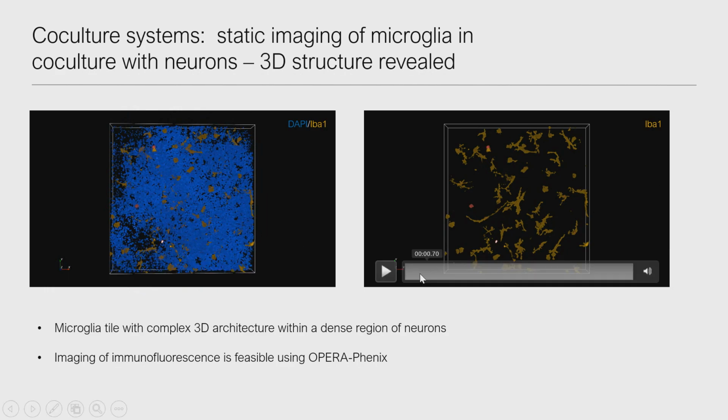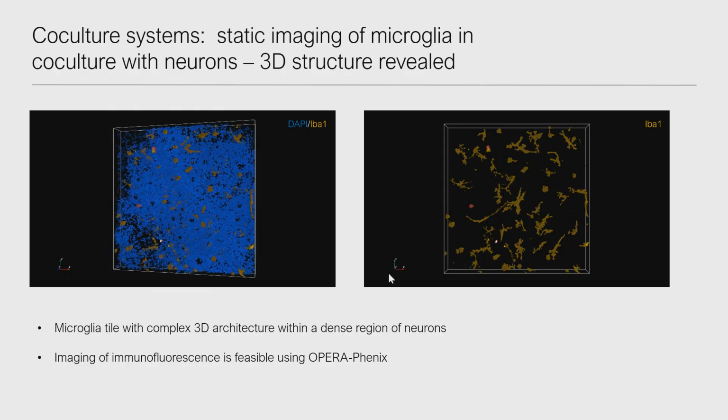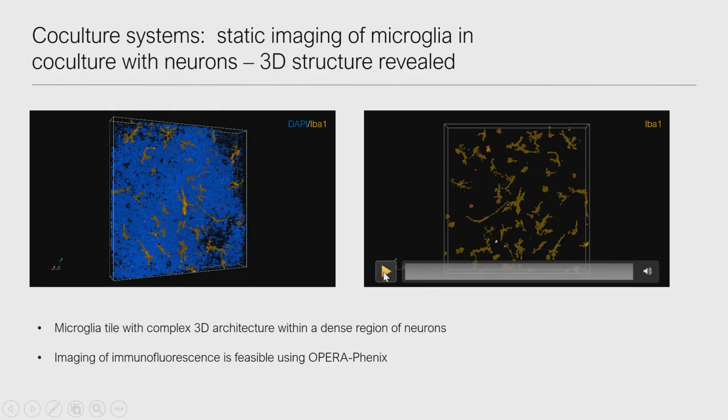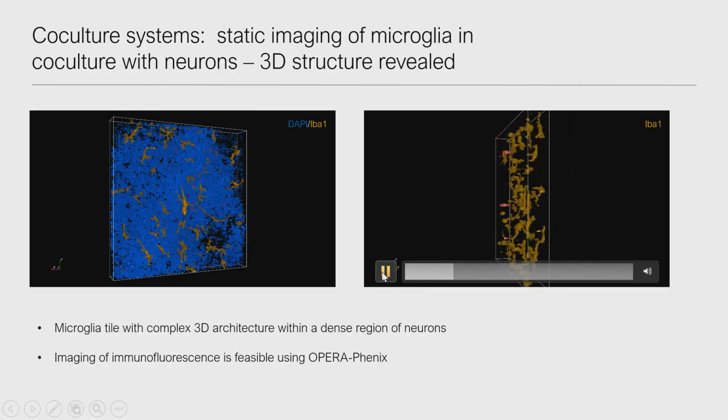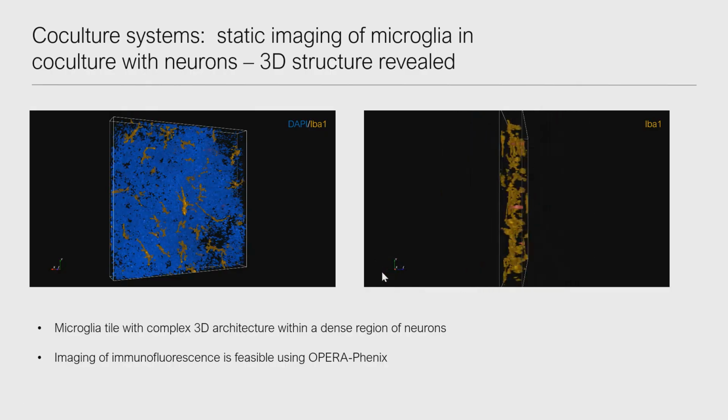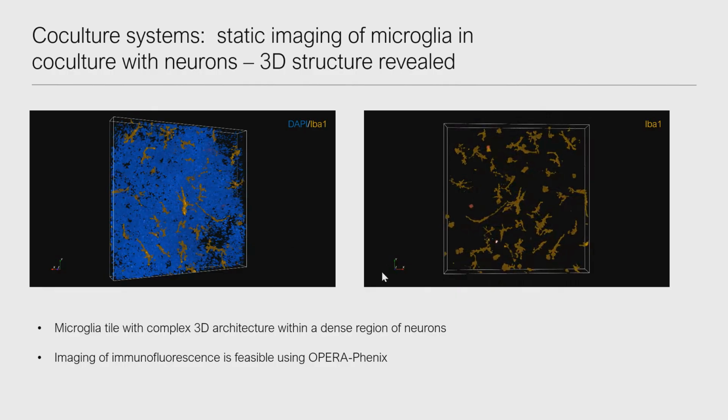If I repeat the video, but without the blue DAPI nucleus stain, then you can hopefully see that we have really nice tiling of the microglia. They're very much integrated into this dense network of neurons, but have this really nice kind of more ramified morphology that we can image using the Opera Phoenix.